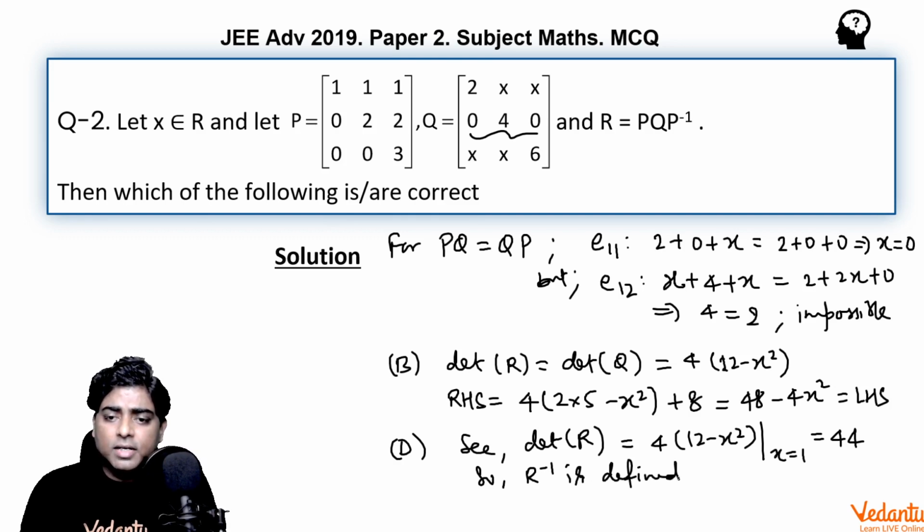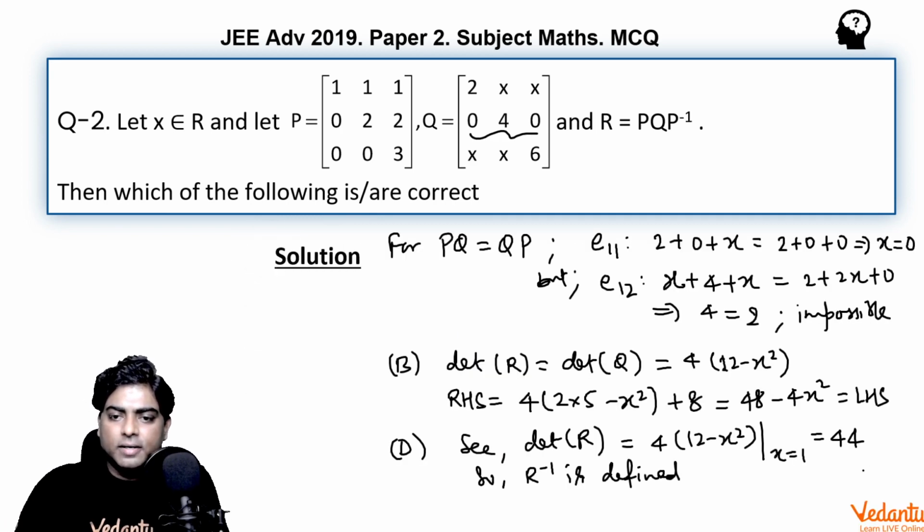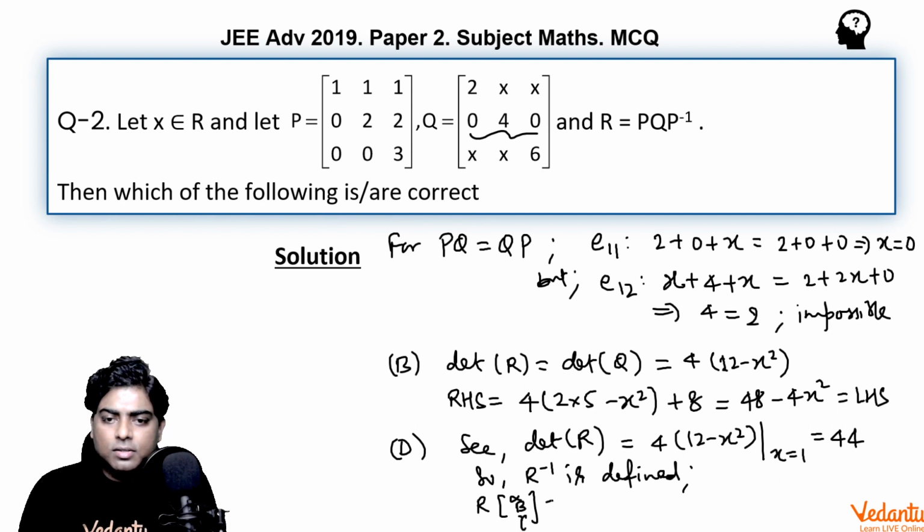So we can multiply R inverse both the sides in the option D, then you will get alpha beta gamma as 0 0 0. Are you getting it? See what is given, R into alpha beta gamma equals 0 0 0.